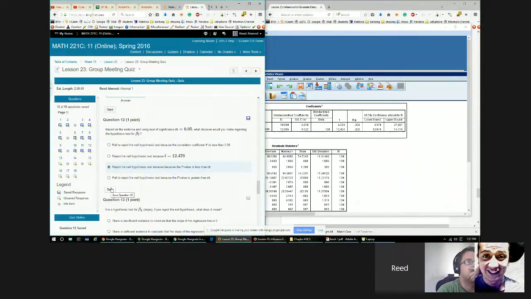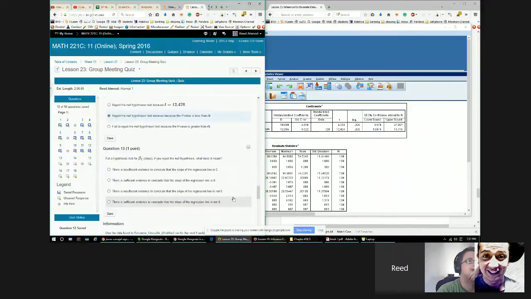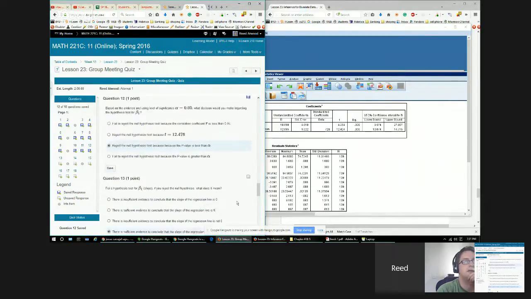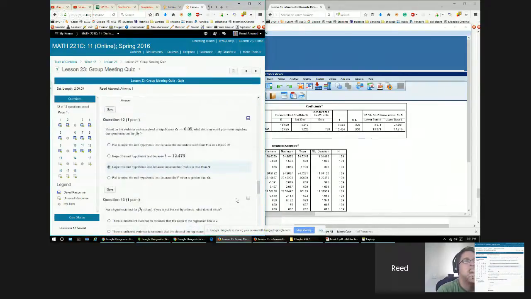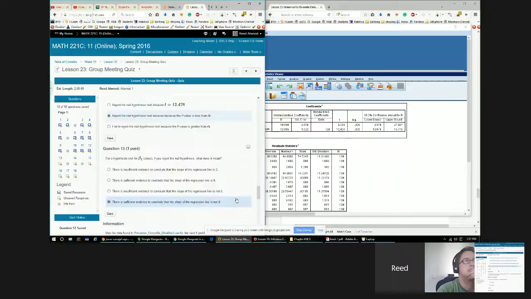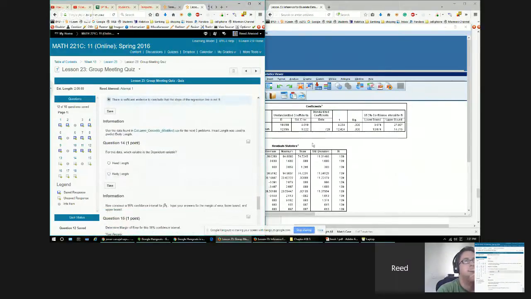And then if you reject it, what does it mean? It is D, that there is sufficient evidence to conclude that the slope of the regression line is not zero. So, just to clarify, 12 is C and 13 is D. Yes.